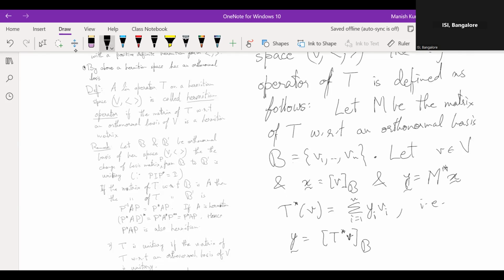So it is clear that T star is a linear map, because with respect to the basis B, it's given by M star.